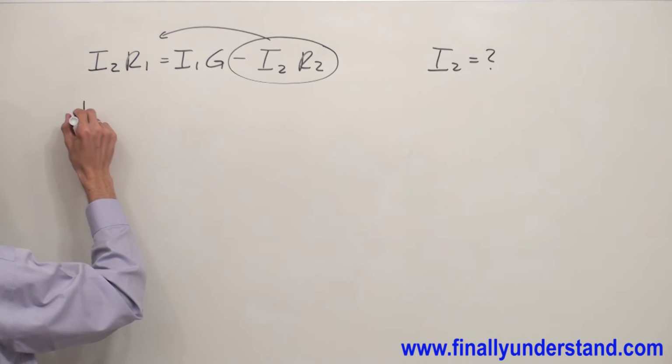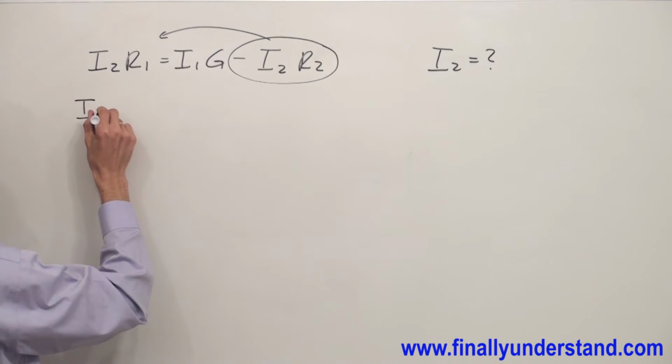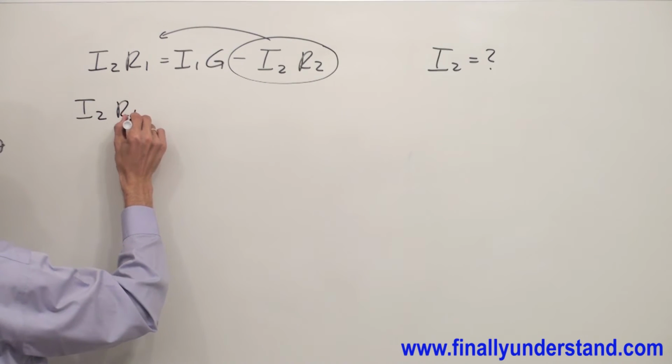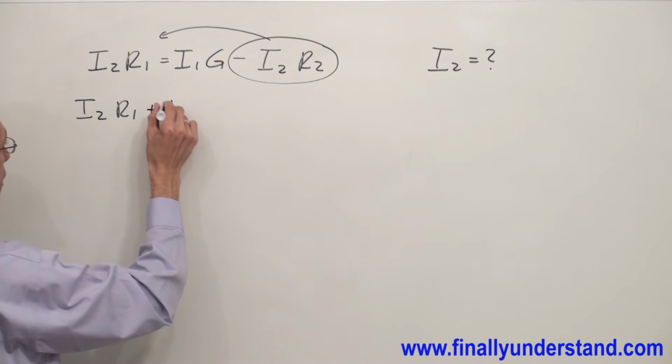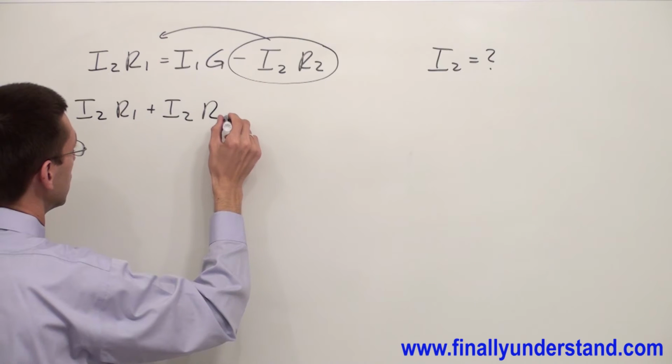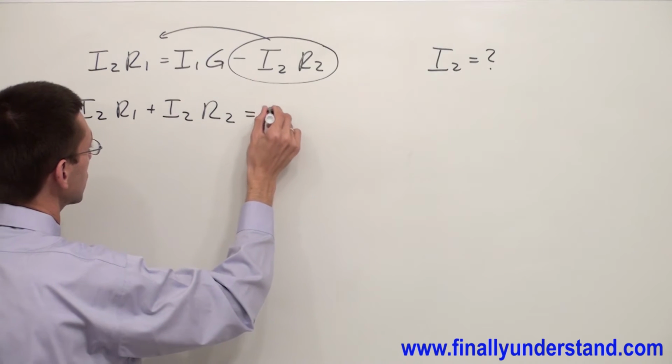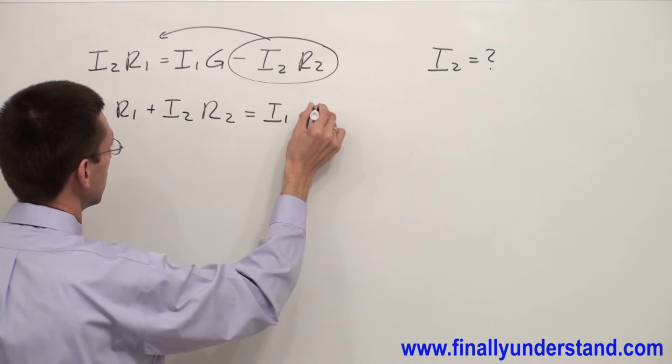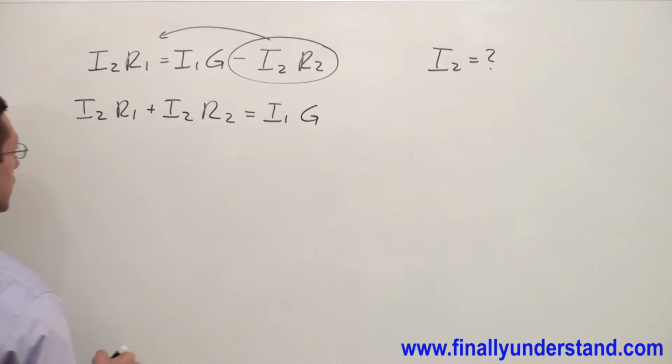We prefer to work with positives. So I2 R1 plus I2 R2 equals I1 G.